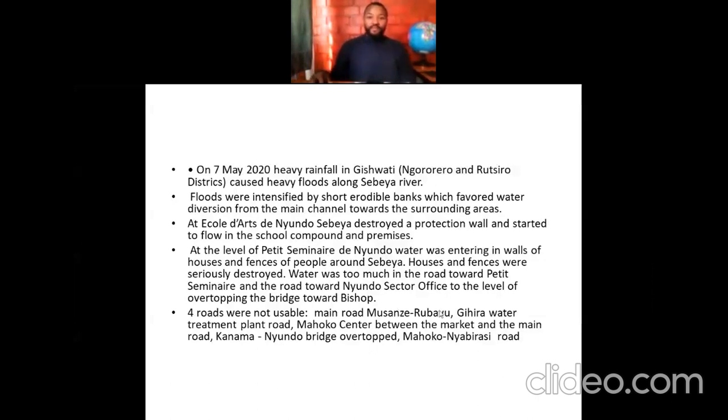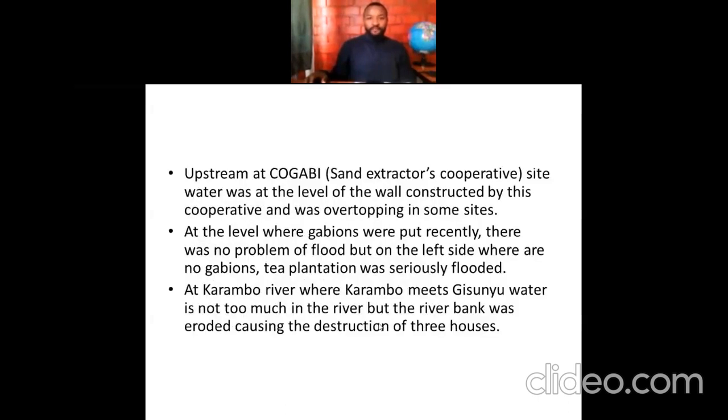There is the main road of Rubavu from Sanz, the Gihira Water Treatment Plant Road, Mahoko Center between the market and the main road, Kanama to Nyundo Bridge was also overtopped, and Mahoko Nyabirasi Road was also not used during that time because of floods.